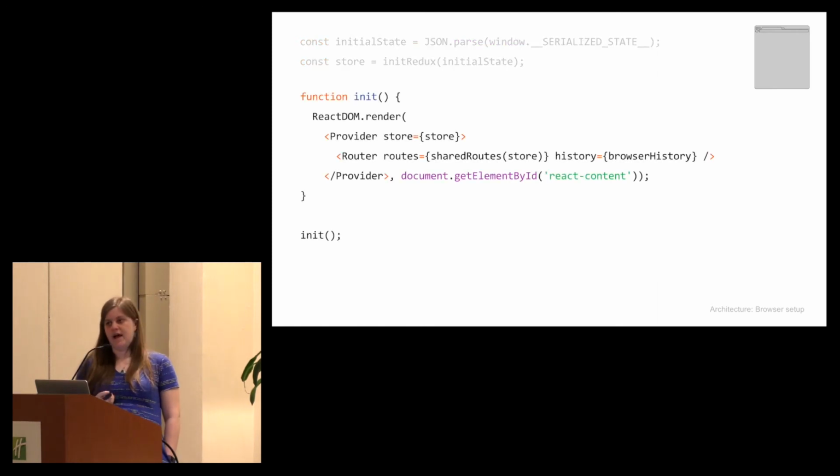Then we render React. And because we're rendering React into that div, the React content div, and because we have the exact same state we had on the server, React is going to be able to say, oh, I match, I'm happy, I don't have to do anything. This is really good for this kind of flow.